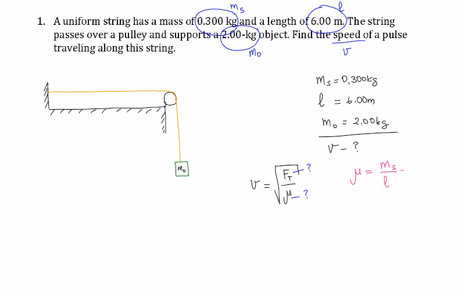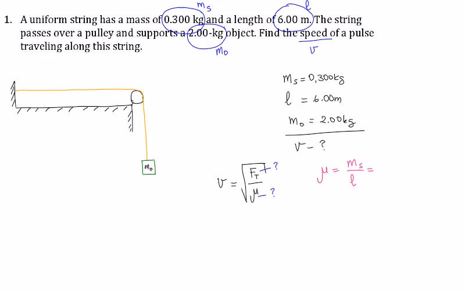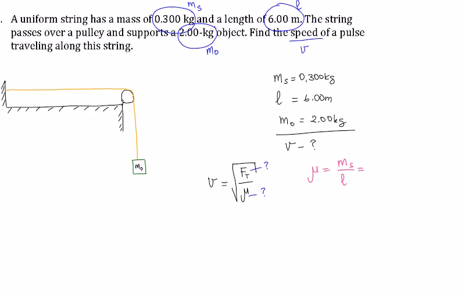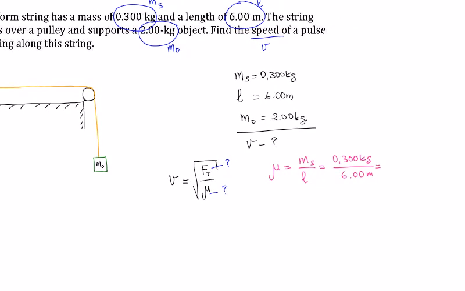I can plug in the numbers and find what it is equal to. Mass of the string is 0.3 kilograms divided by the length of the string, 6.00 meters. If we plug it into our calculator, we get 0.05 kilograms per meter.